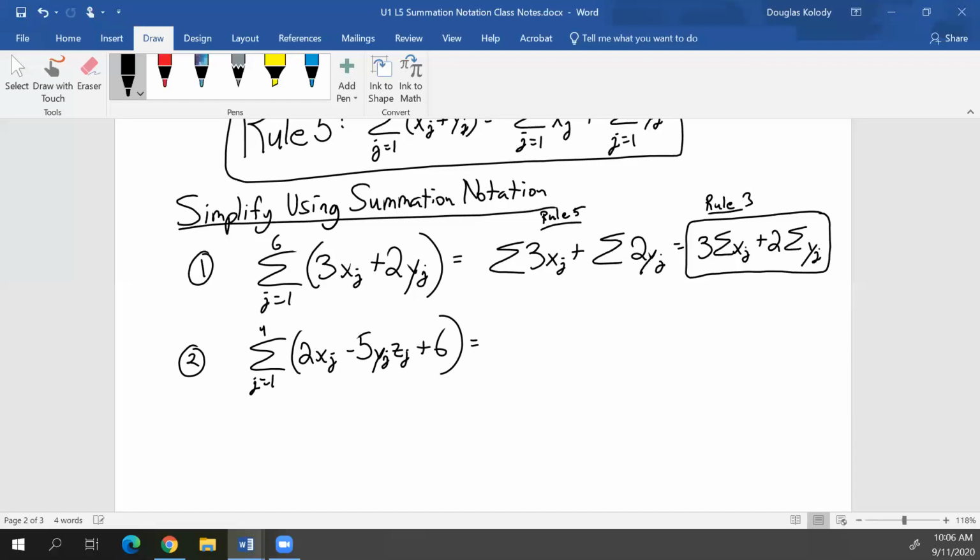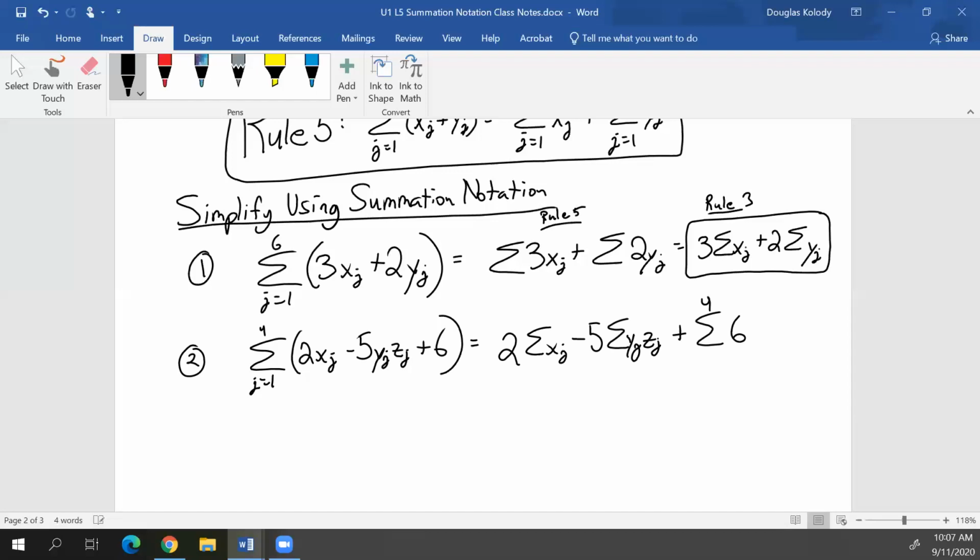So first and foremost, I'm going to do two things at once, if you don't mind. I'm going to distribute, and I'm going to bring the constants out in front. So I'm going to do 2 times the sum of x sub j. Oh, I'm sorry, minus, that's a minus there. Good thing for the eraser. Minus 5 times the sum of y sub j, z sub j, plus the sum going up to 4 of 6.